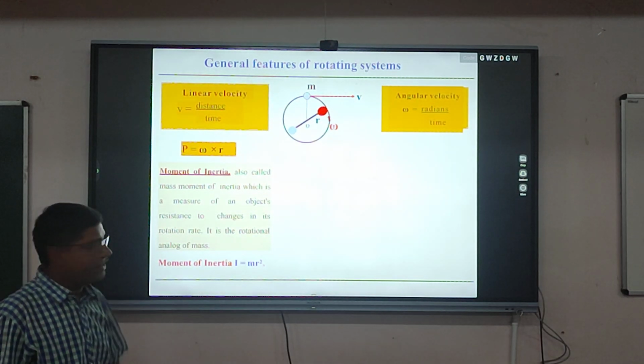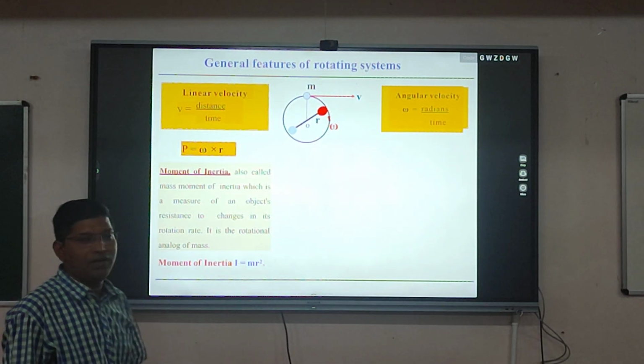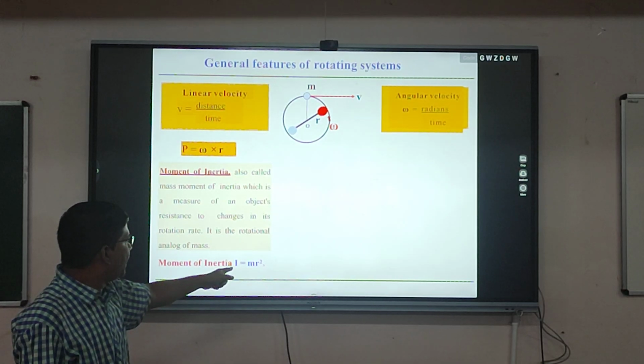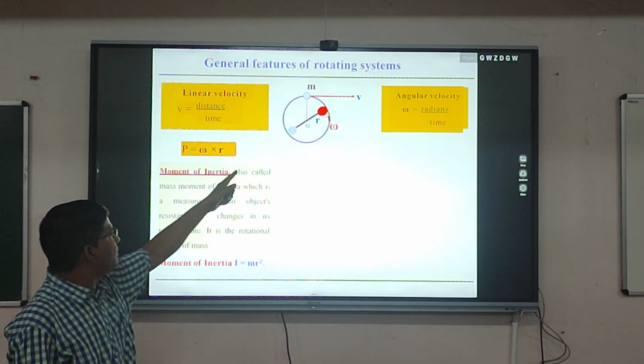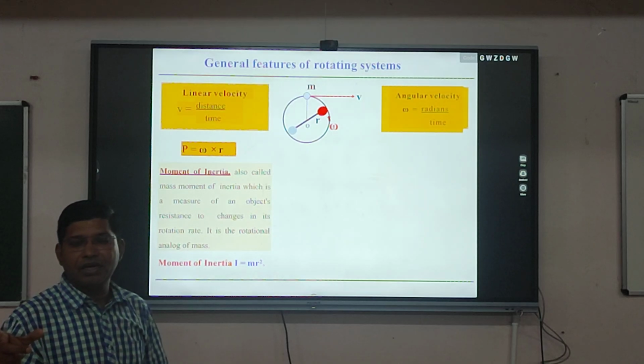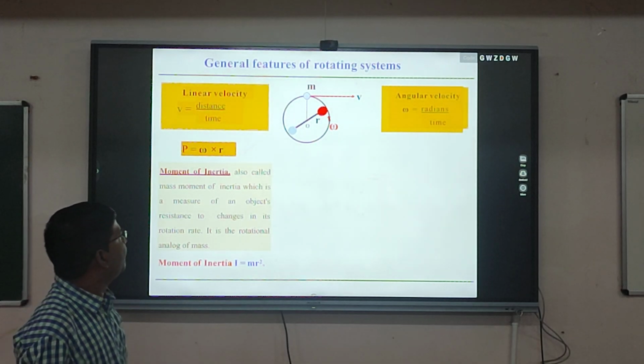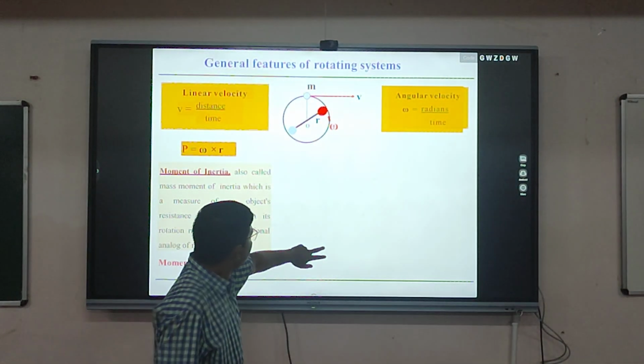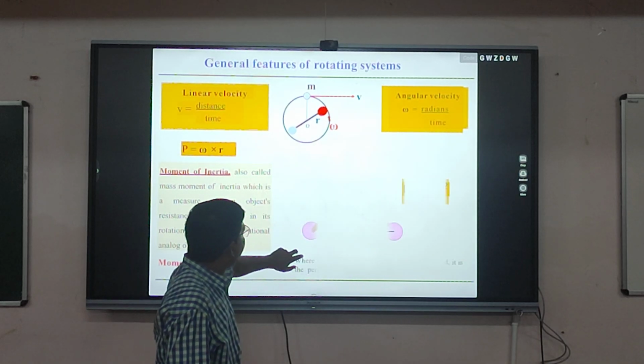And the formula for moment of inertia is I equal to m r square. Here m is the mass of the body and r is the distance between the two atoms in a diatomic molecule. So this is the case for a diatomic molecule.